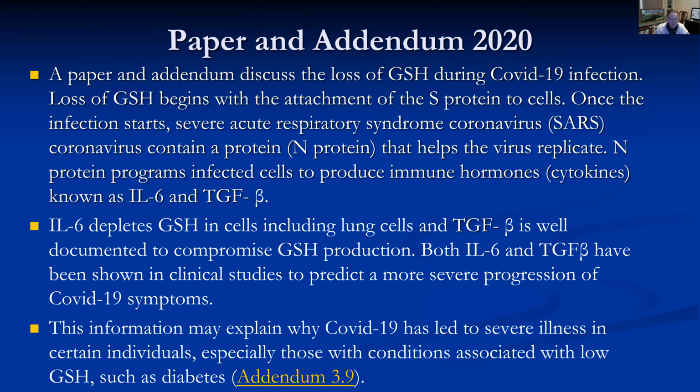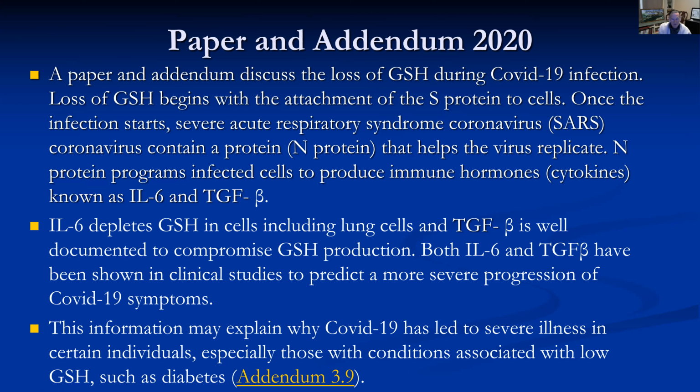IL-6 was featured in a paper that I was able to co-author, published in September of 2020. It shows that glutathione is made deficient in a number of situations, starting with the S protein.